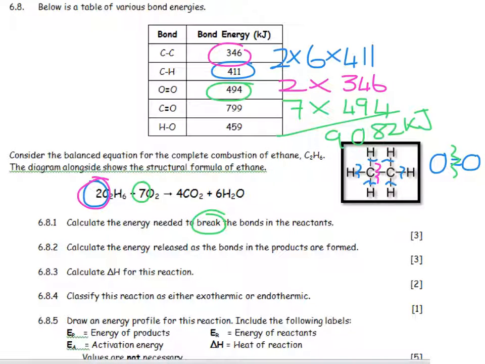Now let's try and make the bonds. So we first need to draw out the shapes of these particular molecules. So it's carbon dioxide and water. You definitely do need to be able to draw those molecules. So let's do a similar thing to what we have just done and see what we need to break.